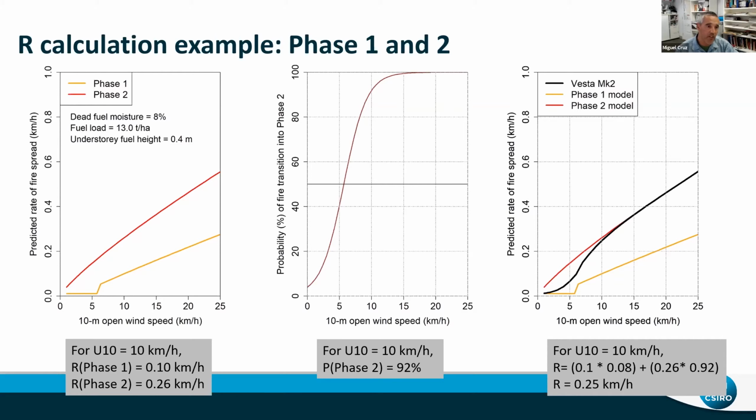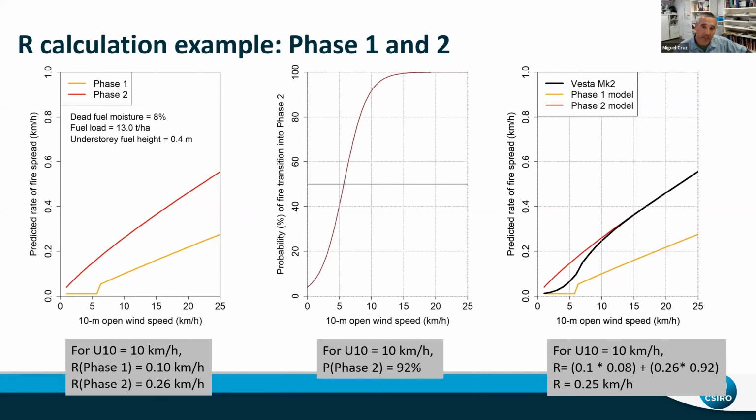And if you look at a wind speed of 10 kilometers per hour, we have for phase 1 about 100 meters per hour, and phase 2, 260 meters per hour rates of spread. Now, for this same 10 kilometers per hour, the probability that the fire is in phase 2 is 92%.